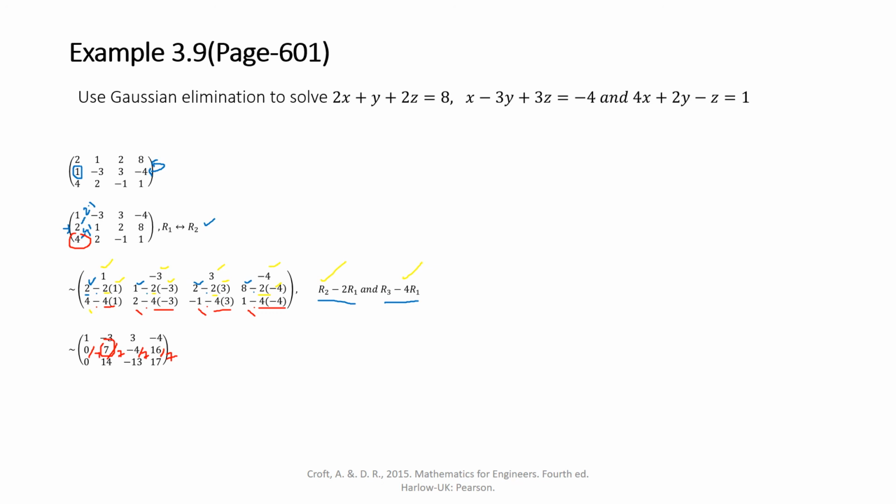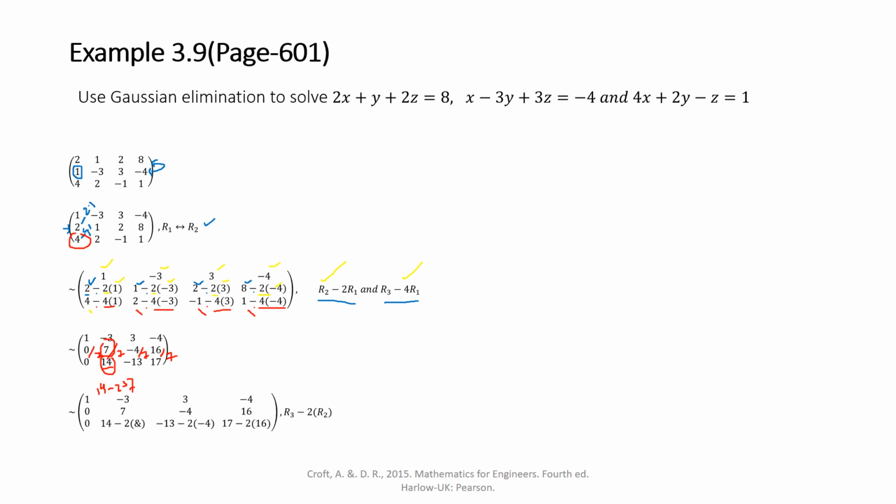So divide whole by 14. But secondly, if you see, this is 7 and this is 14, so 14 minus 2 times 7 is 0. So we can make it 0 first easily, this 14. So let's go for that.